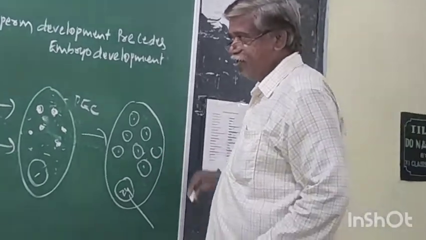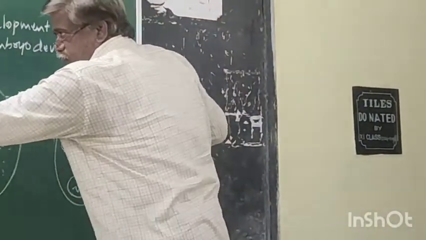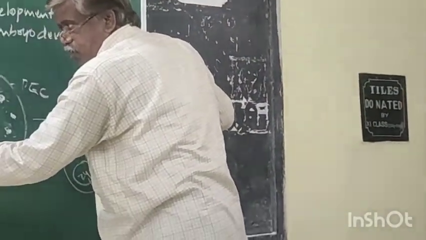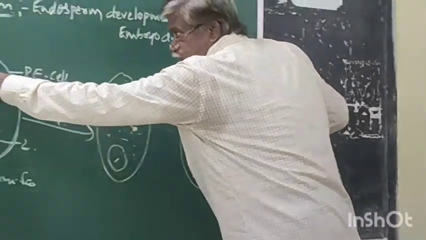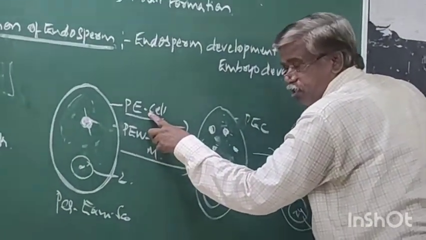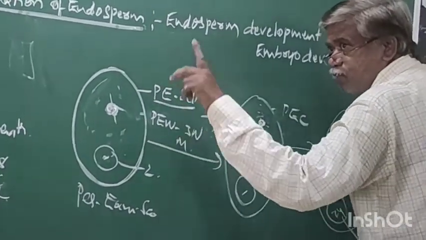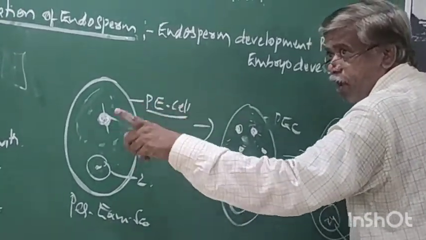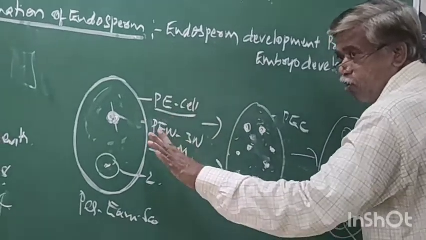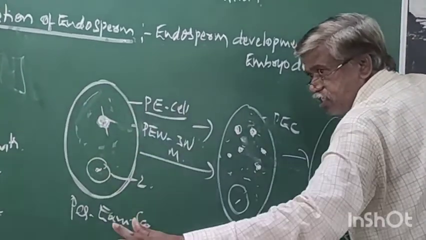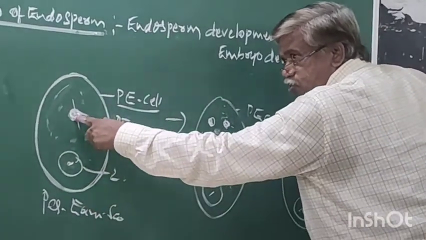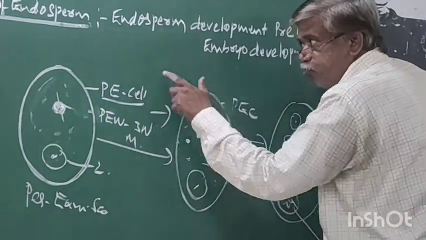Now what is this? Embryo cell. Among the embryo cell, what is the name of this cell? PEC. How many nuclei does it contain? A single nucleus. Name the nucleus: PEN. Ploidy: triploid. The total structure is as it is, but only nuclear division occurs and it becomes 2.